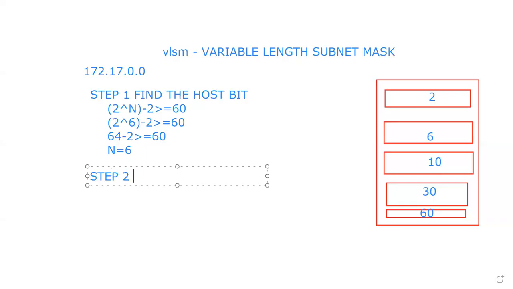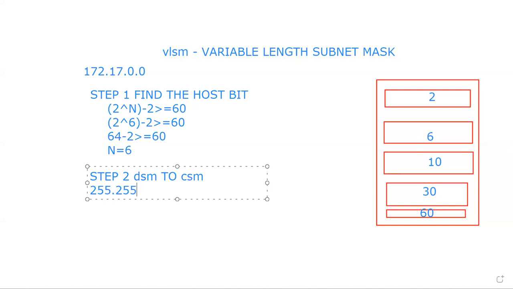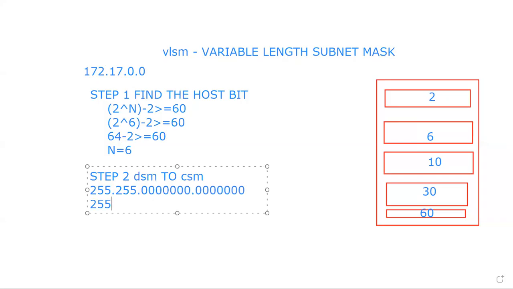Then our second step, step 2, DSM to CSM, right? 255 dot 255 dot 255 dot, and the last octet has 8 bits: 1, 2, 3, 4, 5, 6, 7, 8.